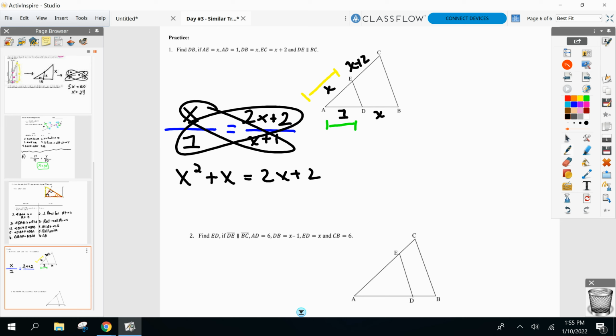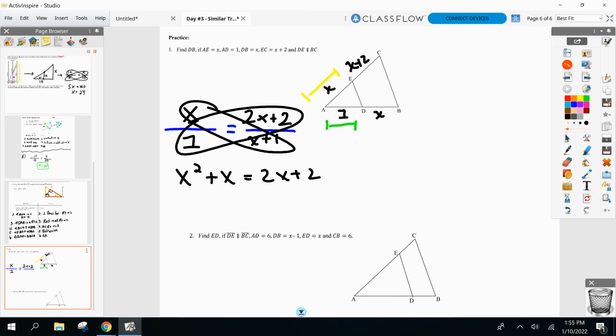Remember, no factoring unless it's equal to 0. You better have it equal to 0 before you start saying numbers that do this and add to this. Keep distributing, Charlotte. X squared, but then you forgot to distribute it to the 1. Okay?